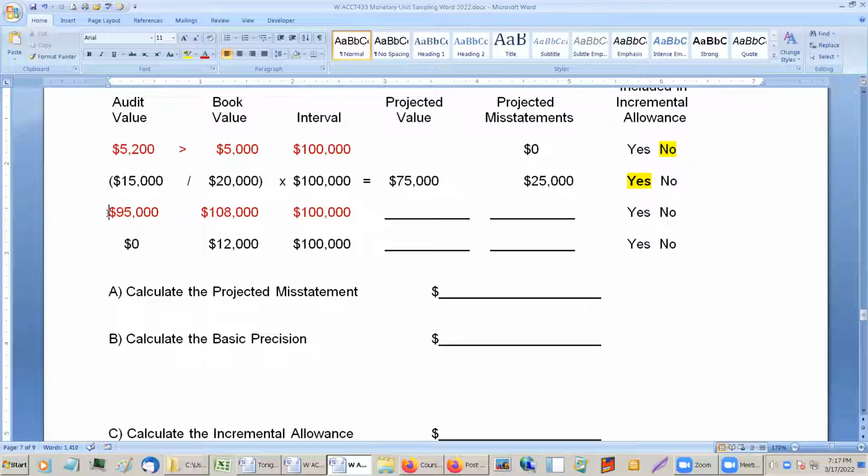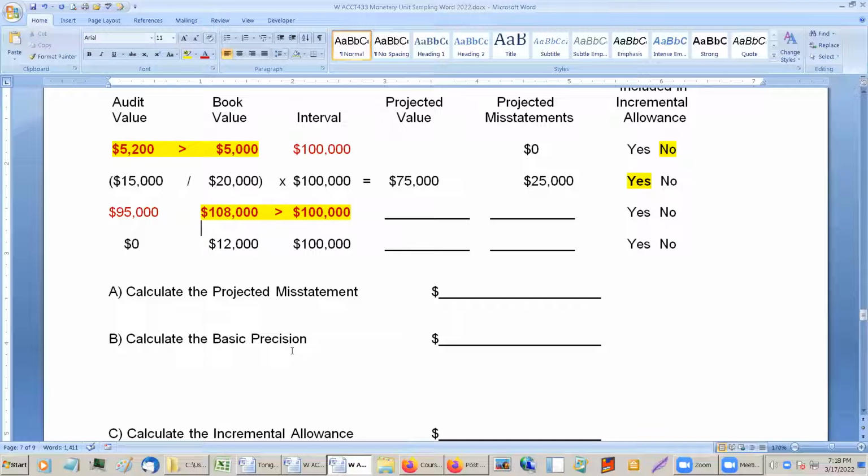Okay. What's the weird thing on this one? It's bigger than the interval. Yep. So this is bigger than the interval. This one has a 100% chance of being picked. It's going to cover one interval, maybe two. So now the rules for this one are a little bit wacky. What do we do with this one?